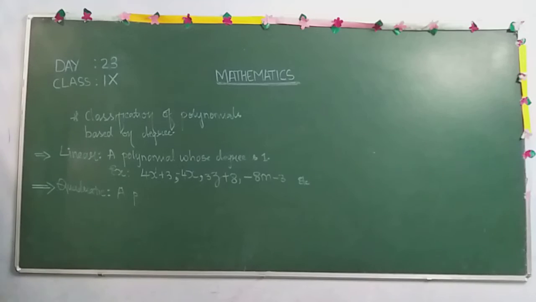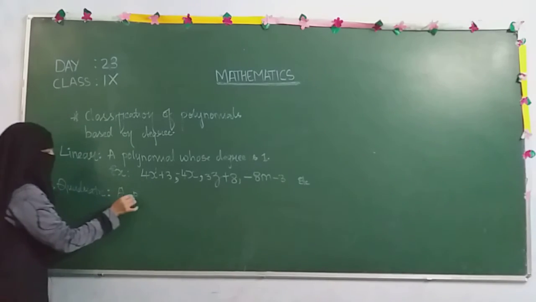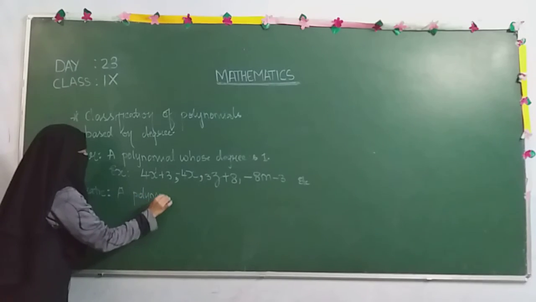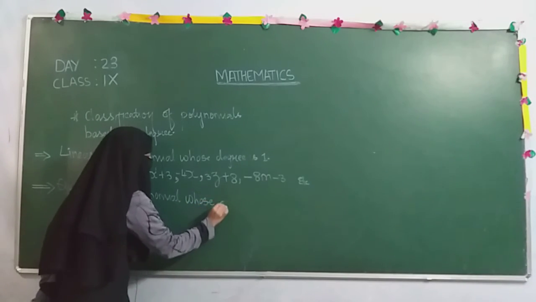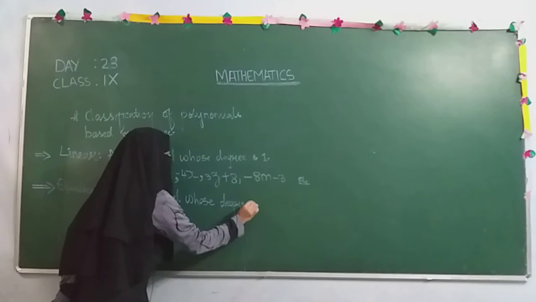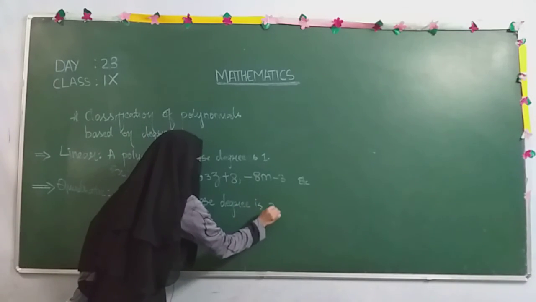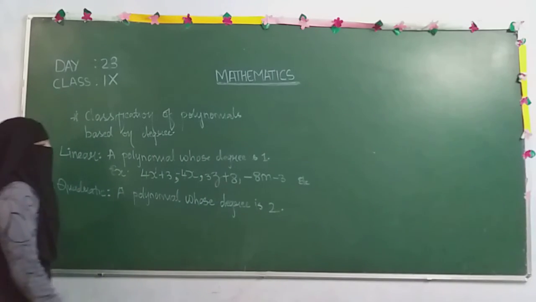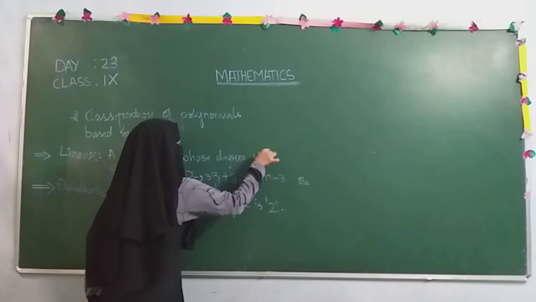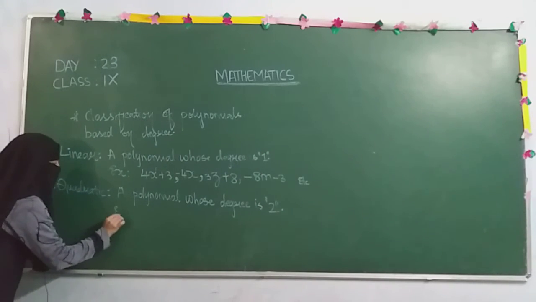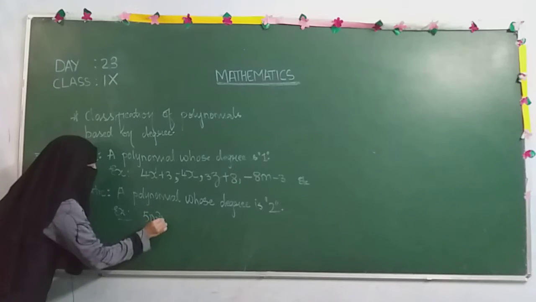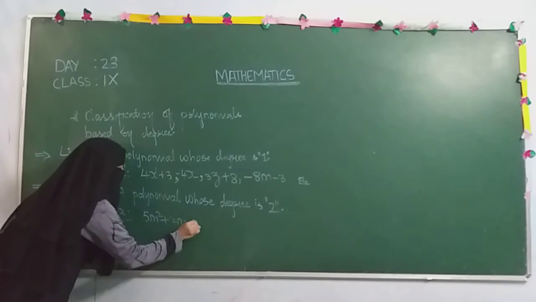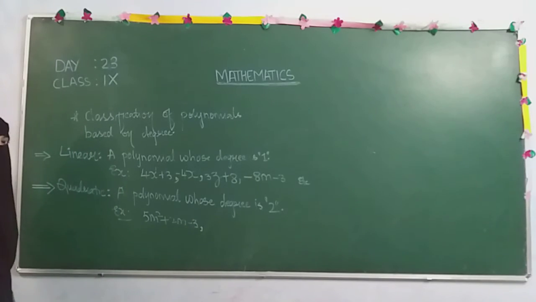A polynomial whose degree is 2. Examples: five m square plus 2m minus 3. 3 terms, 2 terms, 1 term, it can be, but we are not bothered about the terms.